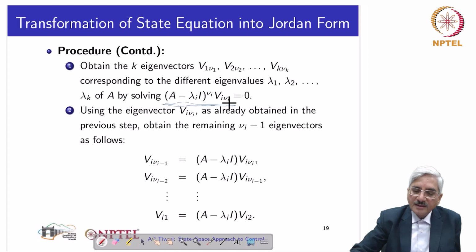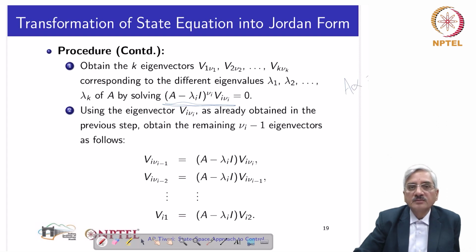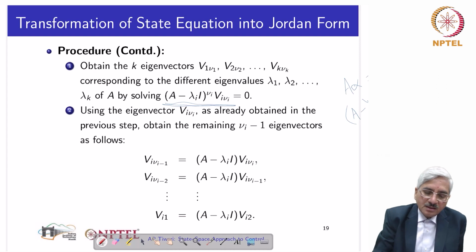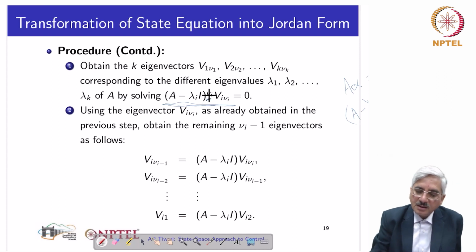Please note, it is slightly different from the case of diagonalization because there was no repetition. We had set up A alpha equal to lambda alpha, which is also written as A minus lambda I, I being an identity matrix, times alpha equal to 0. So here, because eigenvalues are repeated, we have a similar equation, except that this repetition appears as a power here.